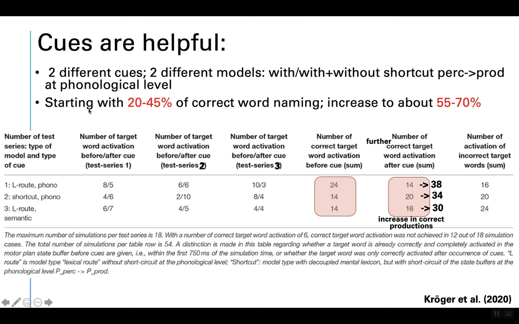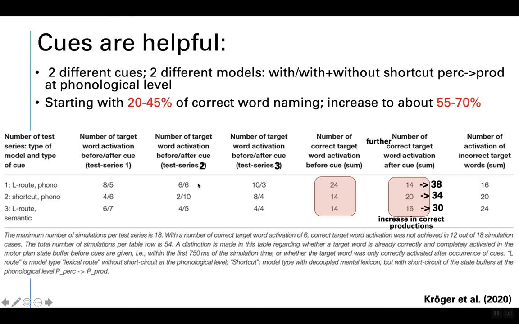In case of both models and both cues, we get an increase in correct namings, so it increases the performance of the picture naming task. And due to this lexical access problem, we have a starting rate of correct words which is just about 24 to 45%.